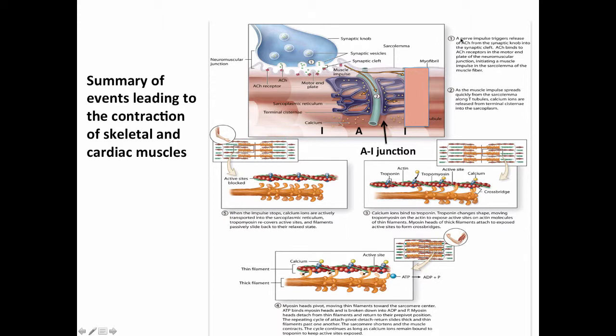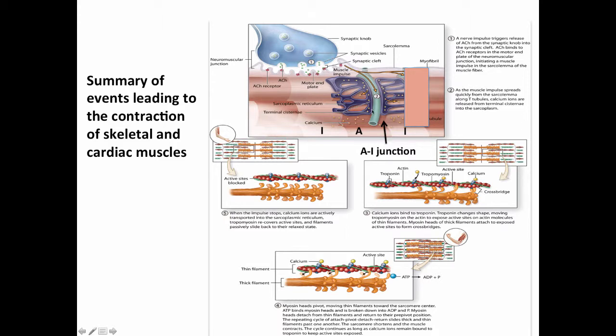So now let's go up to number 1 here and remind you that when a nerve impulse arrives on a muscle fiber, that nerve impulse is transmitted down the sarcolemma, or plasma membrane, and then enters the muscle fiber and surrounds each muscle fibril within the fiber, forming these T-tubules, which are just extensions of the sarcolemma.